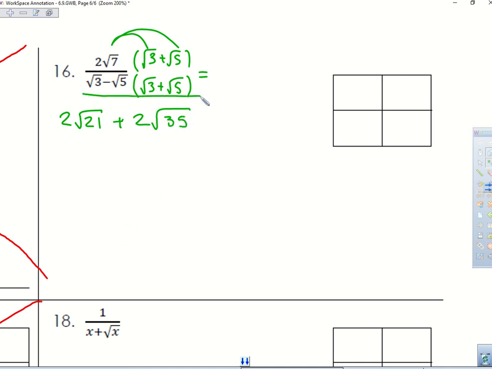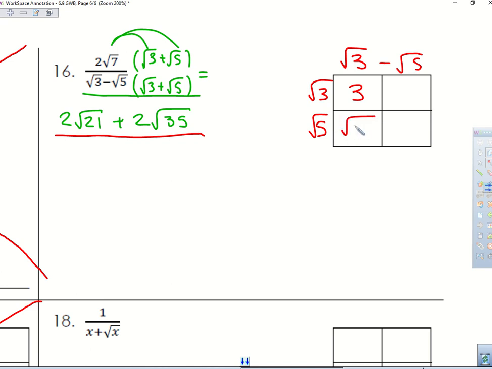Now, to multiply these two in the denominator, you can use FOIL or you can use the area model. You have the option. Use whatever you want, I don't care. What is radical 3 times radical 3? 3. Radical 3 times radical 5?